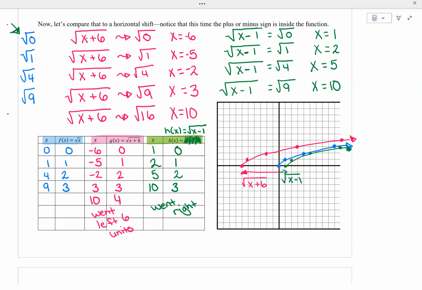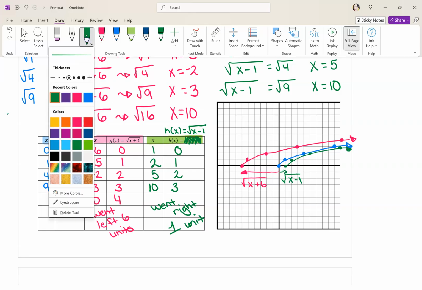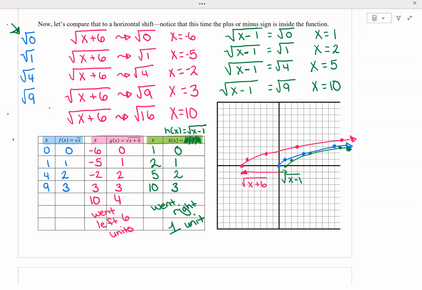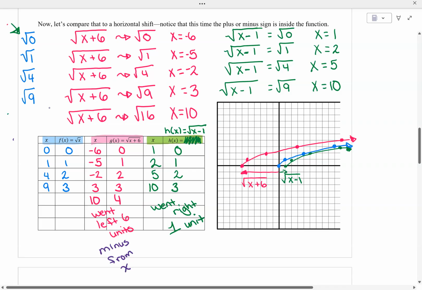right 1 unit. So I want you to think about things that we did. Okay, so 1, we minus from x. Notice that all we did was move left and right, left and right. So if we're moving left and right, then that means we're affecting our x.